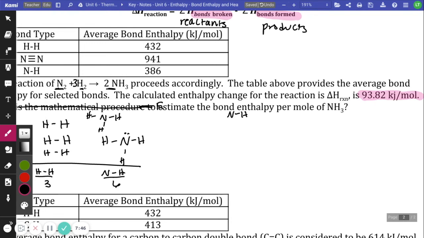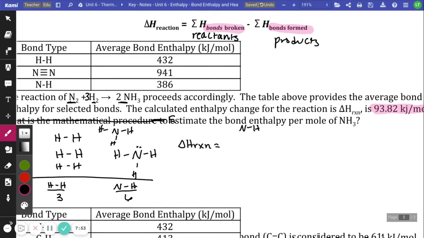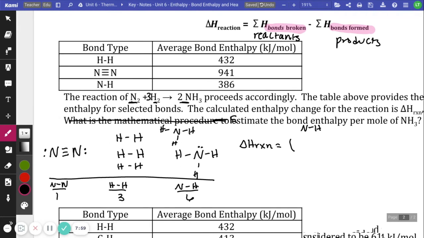I'm going to go ahead and plug in my reaction this way. So delta H of our reaction is going to be equal to the sum of our bonds broken minus those of our bonds formed. Bonds broken is going to be our reactants.